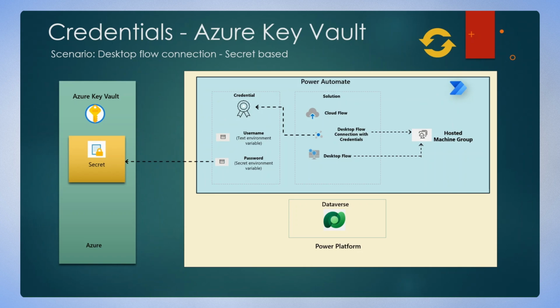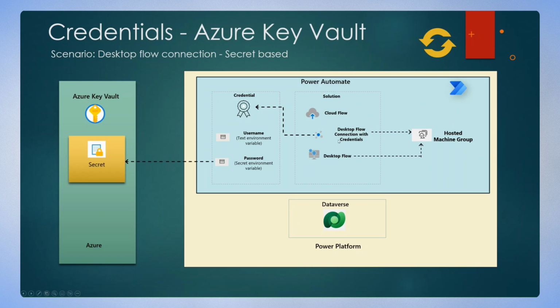As I have mentioned before, a credential is made up of two components, username and password. Password is nothing but a secret environment variable pointing to a secret value in an Azure Key Vault in your Azure subscription. This is for the scenario I've just briefly described, the desktop flow connection. This is a secret-based desktop flow connection scenario.